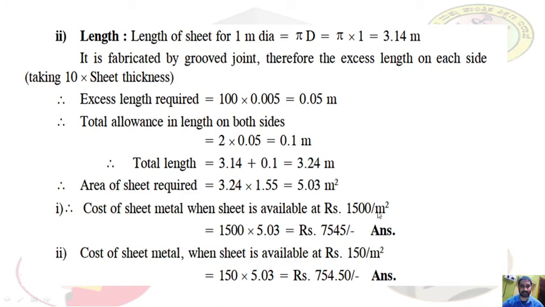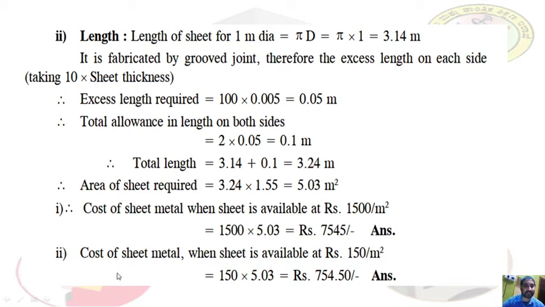If it is expressed in terms of kg, then you have to calculate the weight of the sheet by multiplying the volume into density. But here the cost is expressed per meter square. You multiply the area of the sheet by the cost of the sheet per meter square, that will give you the cost of the sheet.